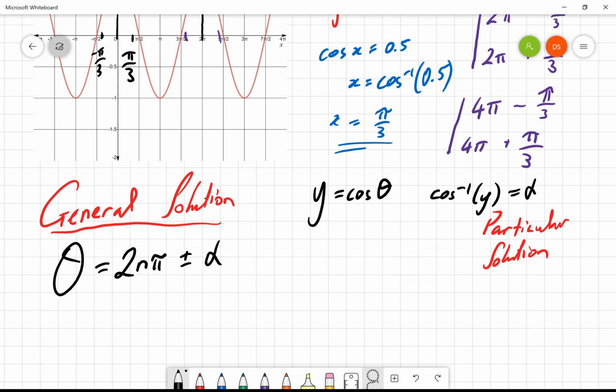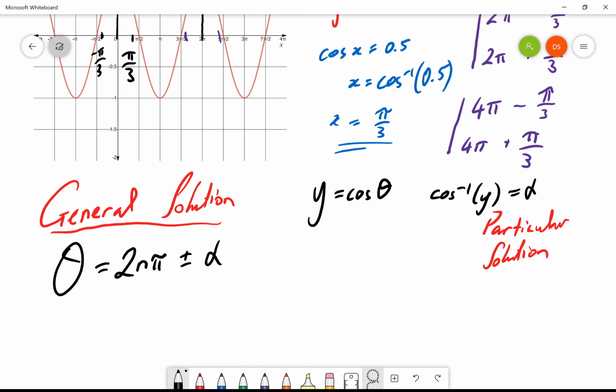Once again, it's really important to note where n is any integer. All right, so this is how we get the general solution for cosine. So whatever the first particular solution is, sometimes people call it the principal value.